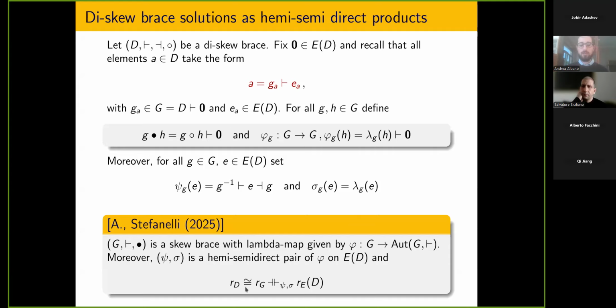Moreover, the solution attached to the di-skew brace is isomorphic to the hemi-semidirect product that comes from this hemi-semidirect pair. So in this way, understanding how the decomposition of the additive part behaves with respect to the solution attached to the di-skew brace, we are able to identify the class where the solution itself belongs.